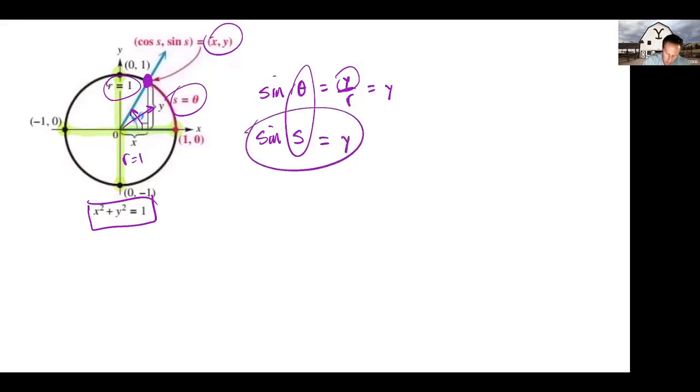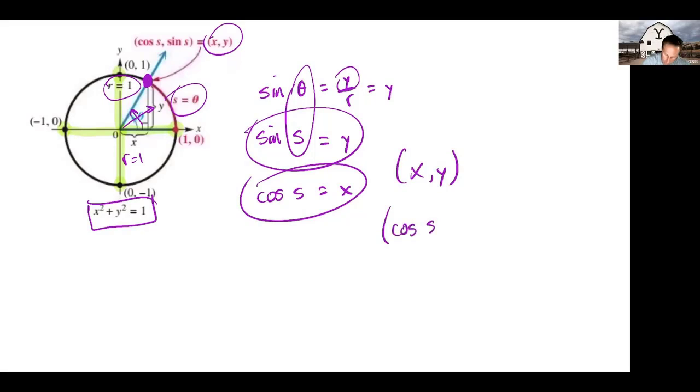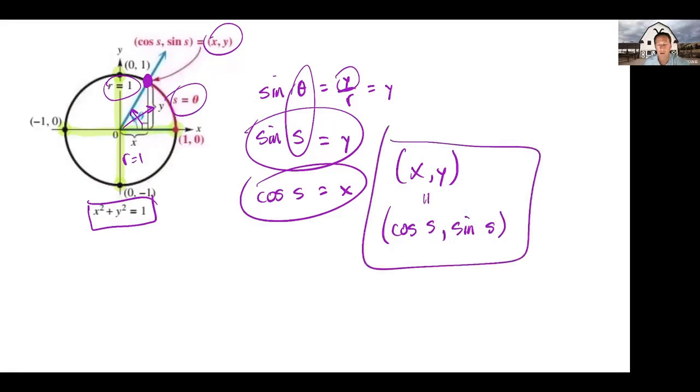And if that's equal to y, then we could do the same for cosine, which we said would therefore be equal to x. So rather than writing any point as x comma y, we can write any point on this circle as cosine of our arc or angle S, and then sine of that arc or angle. So now these are equivalent and an alternative way to write an ordered pair point x comma y.